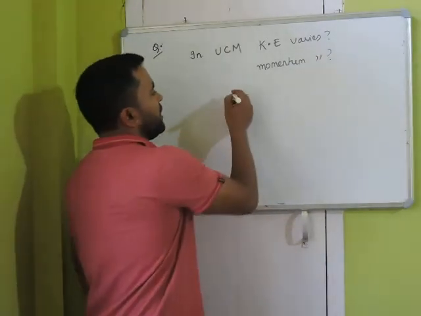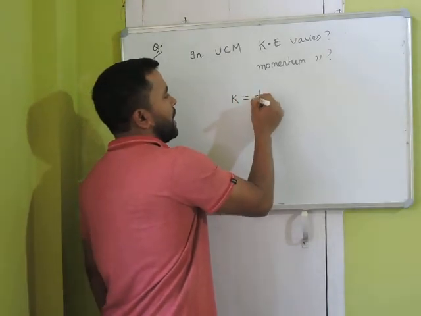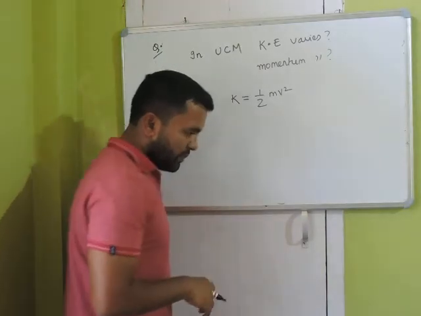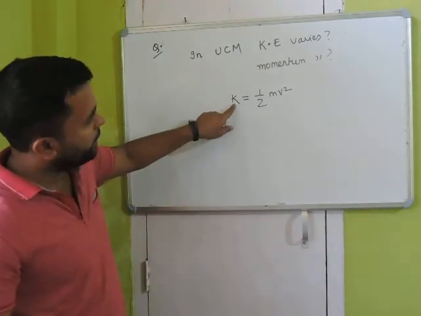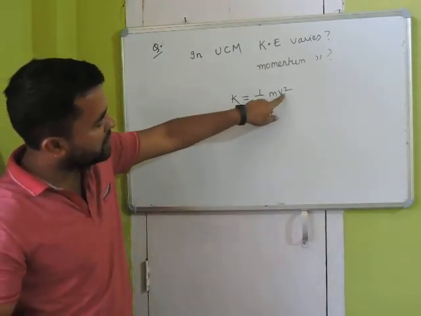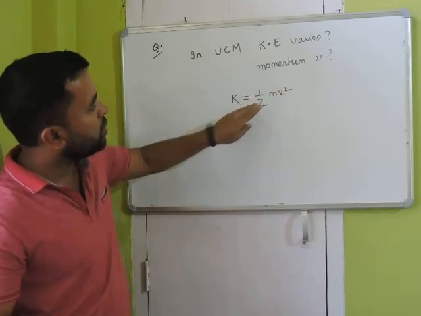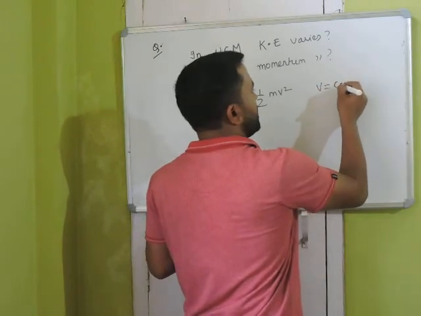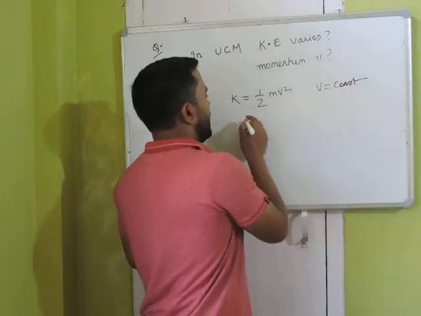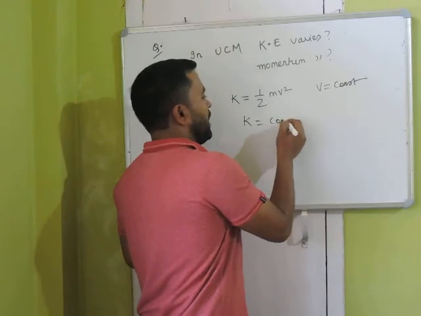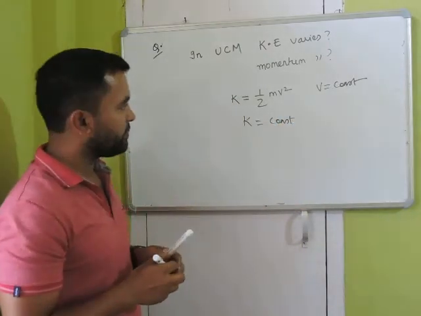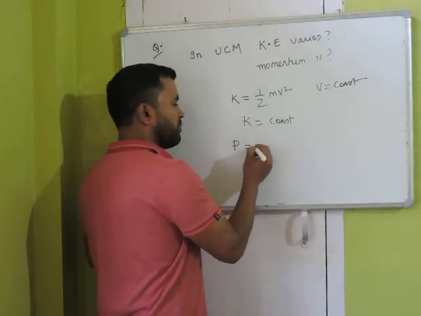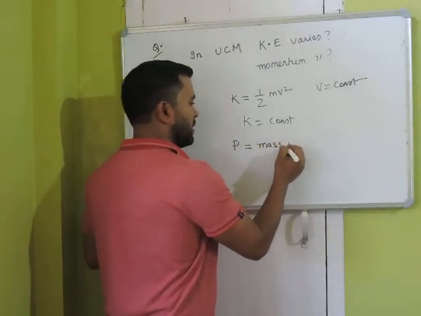If you remember, kinetic energy is half m v square. Now v is speed, a scalar quantity, and mass is a scalar, right? So the speed remains constant in uniform circular motion, v is constant, so K remains constant. Now momentum is the product of mass into velocity.